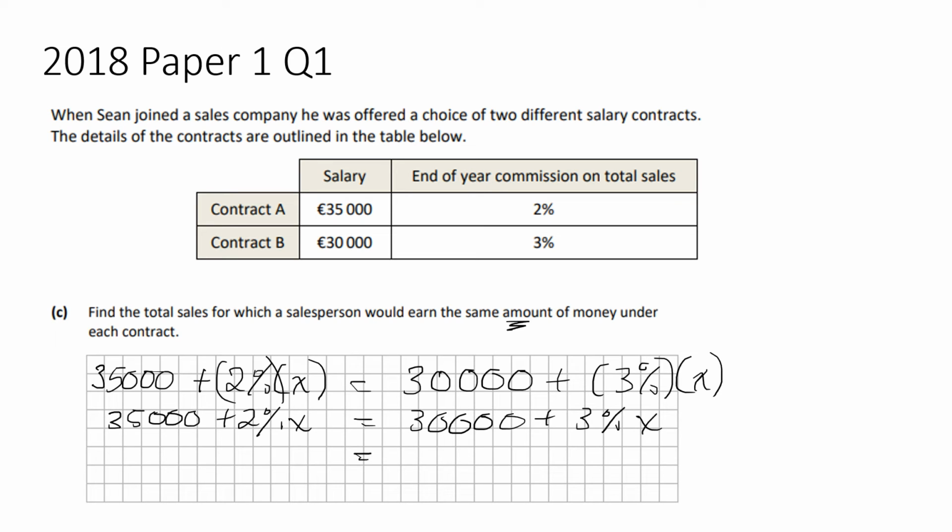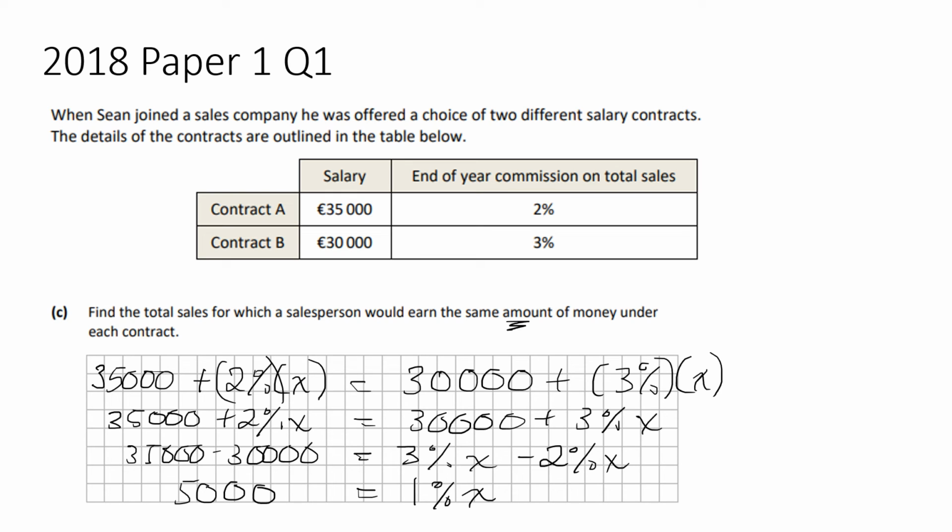So what I'm going to do is keep all the x's to one side. So that's 3% X minus 2% X. Because when I take them away, I have to bring this to the other side. That means I have to take away, so that gives you 1% X. And when I do the 35,000 here, minus 30,000, that gives you 5,000.